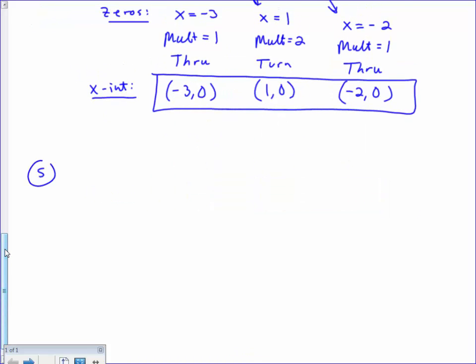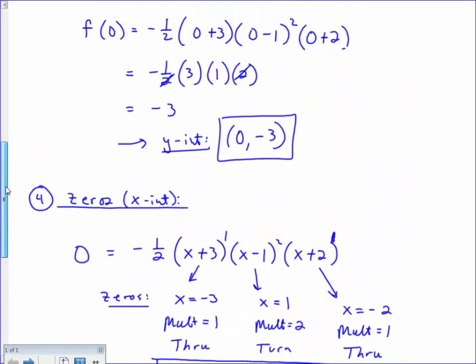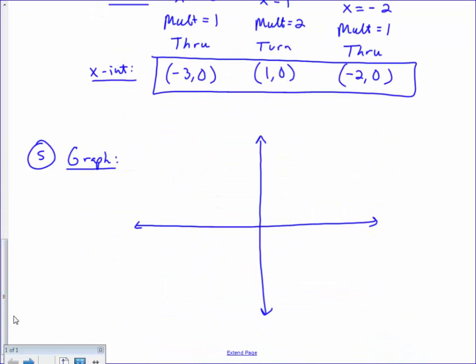All right, moving on to the last step, and that is to graph. We're going to first graph any and all points that we have found. Scrolling back up, the y-intercept was 0, negative 3. So I'm going to go down 1, 2, 3. There's that point. We have 3 different x-intercepts.